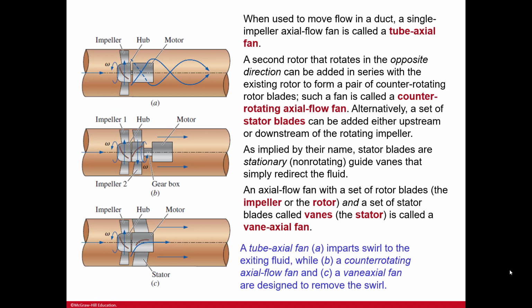So here, if you have a single impeller axial flow fan, it's called a tube axial fan, and you can see that in the top image. And then if you add a second impeller that rotates in the opposite direction, it's called a counter-rotating axial flow fan. And then an axial flow fan with a set of rotor blades, the impeller or the rotor, and a set of stator blades, called vanes, is called a vane axial fan.